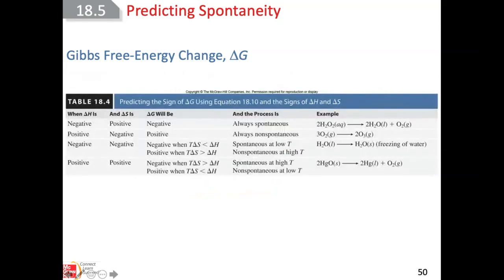When the reaction is endothermic, delta H is positive, and delta S is negative, delta G will always be positive, and that reaction will never be spontaneous, never. Take a look at this one: oxygen gas does not spontaneously change into ozone, but ozone can spontaneously change into oxygen.